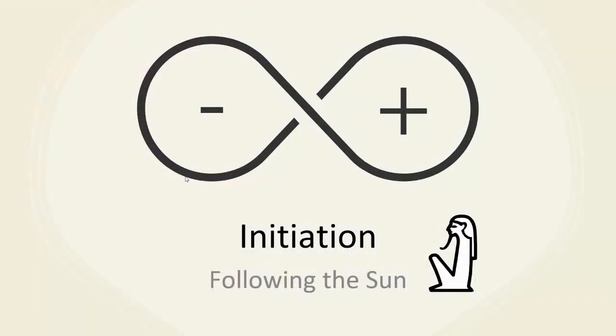So again, this is one of the variants of the Kimoyo symbol. And what I want to introduce is the Bakongo concept of initiation as told to us by the late Dr. Fu-Kiau. When we're talking about initiation in the Congo sense, we're talking about following the sun.